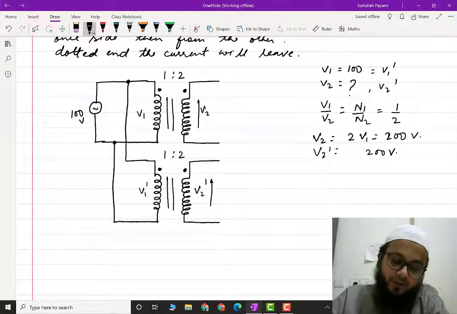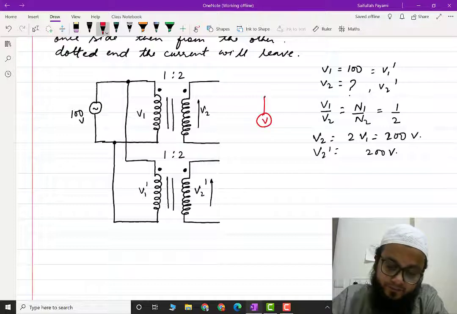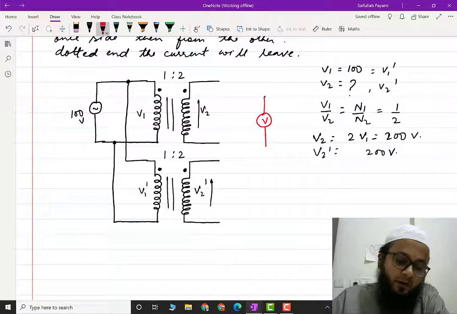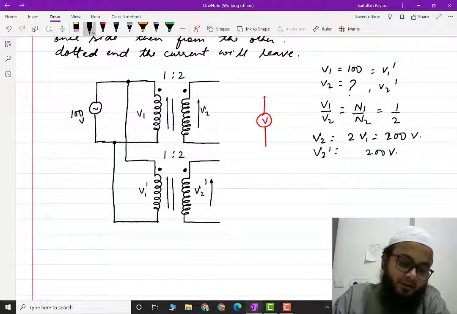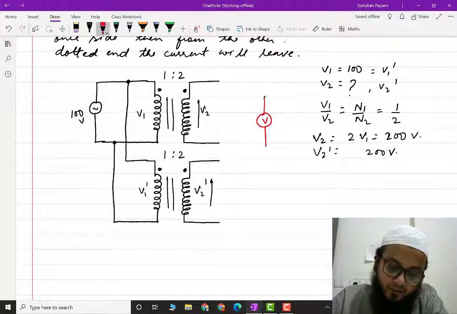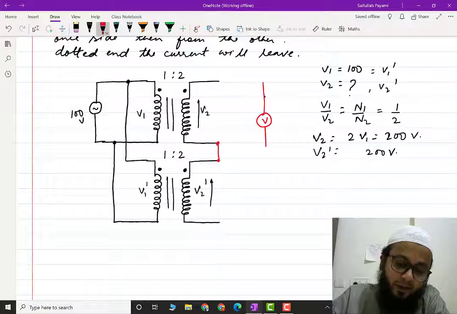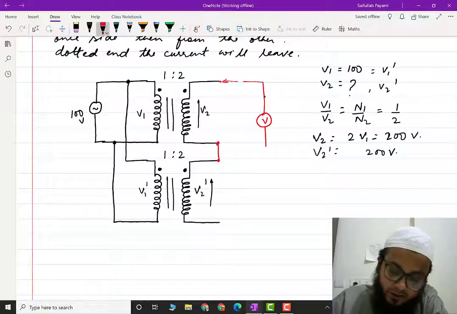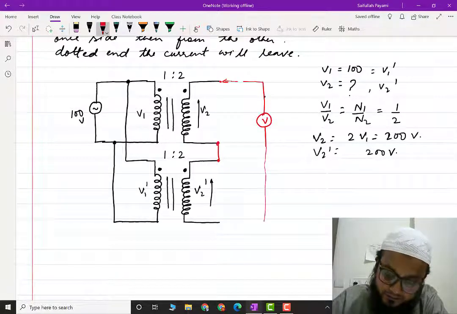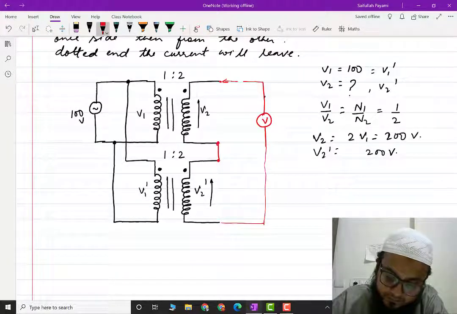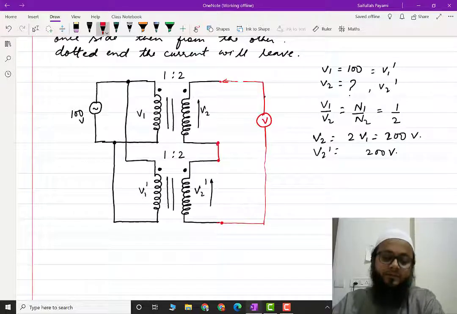Now just see, if I have a voltmeter here, and the arrangement I have made is that these two terminals have been connected here, and with this voltmeter I am measuring between these two points.